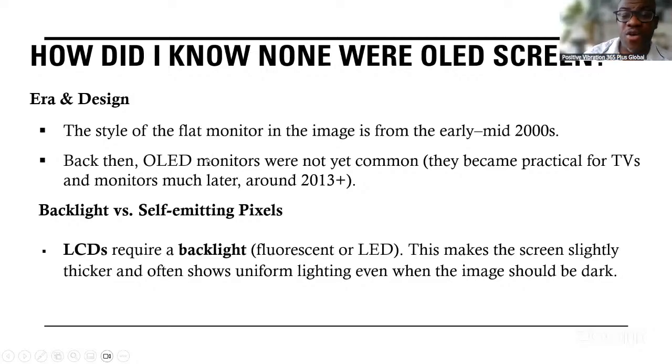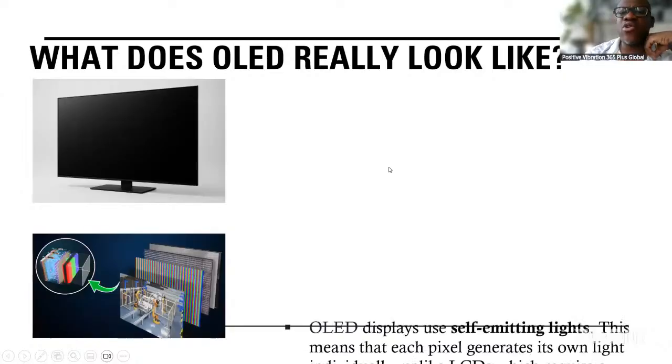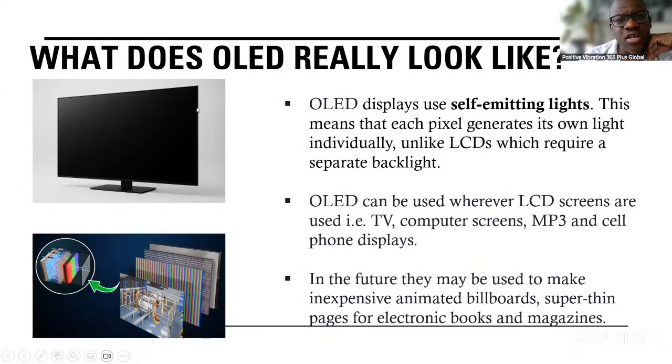So now we want to remind you what the differences are. LCDs have a backlight. CRT has a vacuum tube. OLED has self-emitting lights, so it does not have a backlight. So let's look at what OLED looks like. See how this looks? It looks like a new brand of TV that will come out.